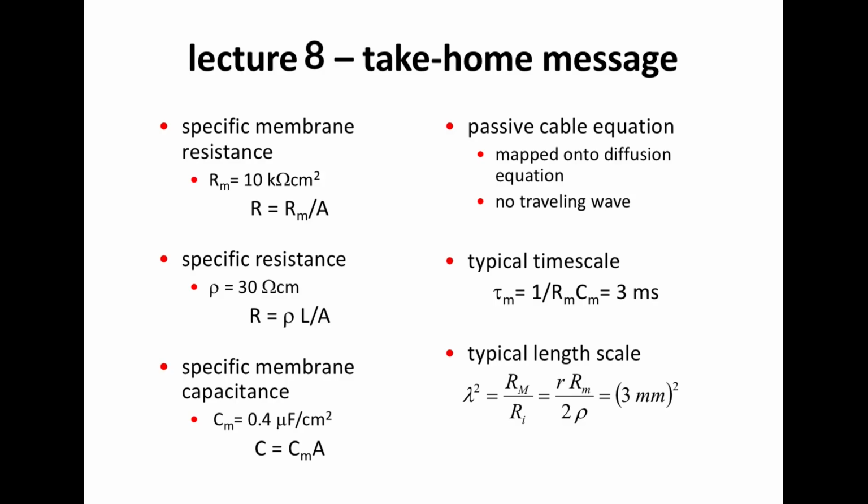Then the inside of the axon is characterized by a specific resistance of 30 ohm centimeter, and the membrane itself has a specific capacitance of 0.4 microfarad per square centimeter. All these values lead to a typical timescale in the order of 3 milliseconds and a typical length scale of signal die-out of 3 millimeters. Yet, as I mentioned, it does not explain a traveling wave. For that, we need to extend our model.